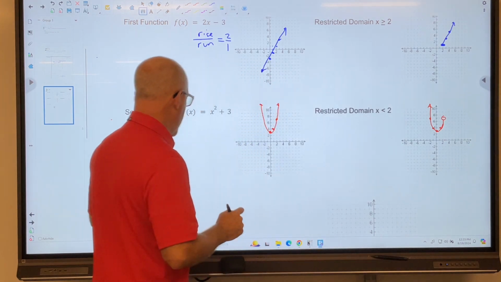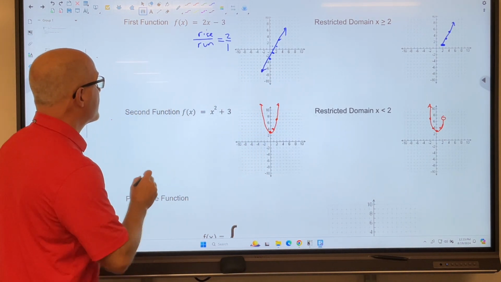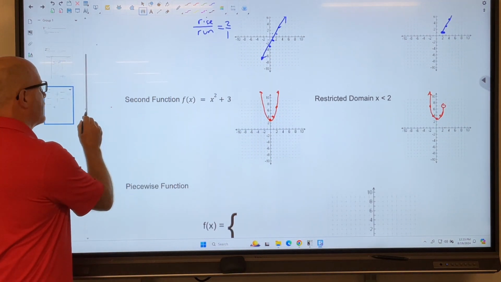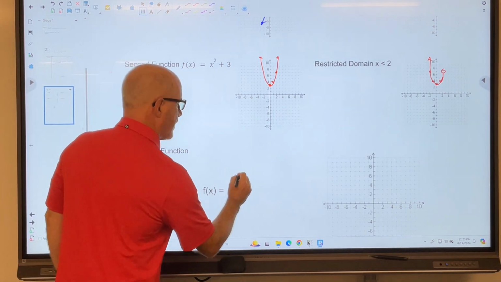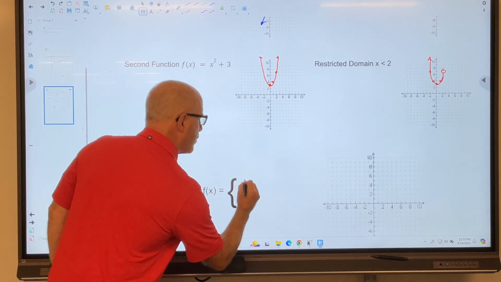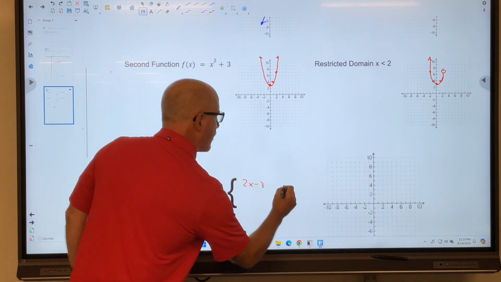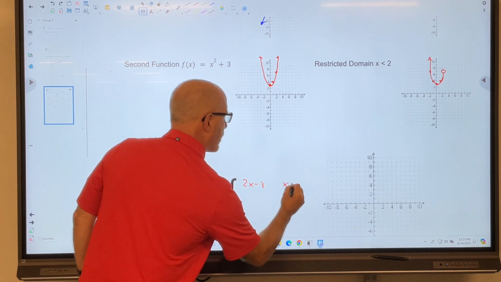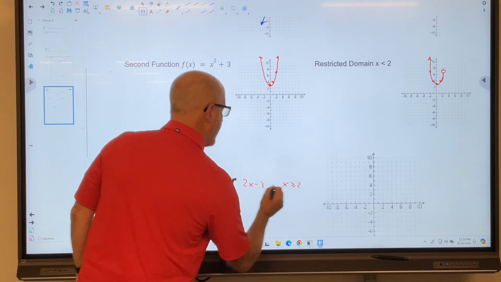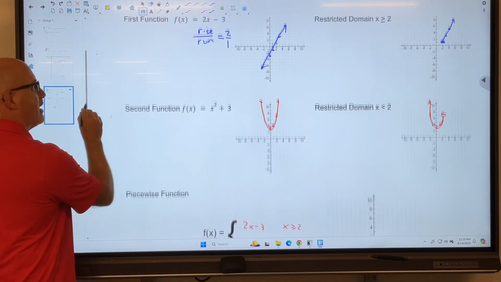So if I want to do what's called a piecewise function, the rule is 2x minus 3 for x greater than or equal to 2. Notice that was what we did up here.